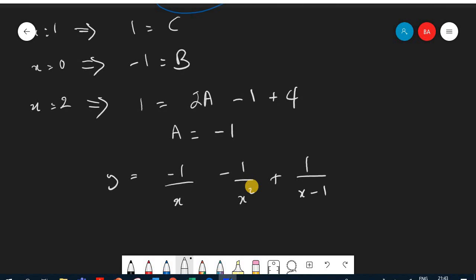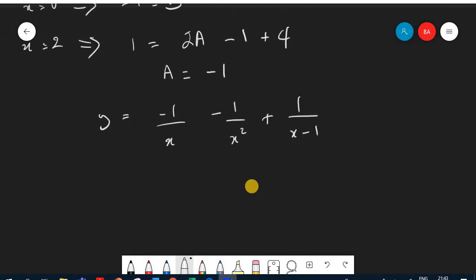If I ask you to find y of t, you need to take the Laplace inverse so that you can find y of t in the time domain. The minus 1 over s term gives minus 1.